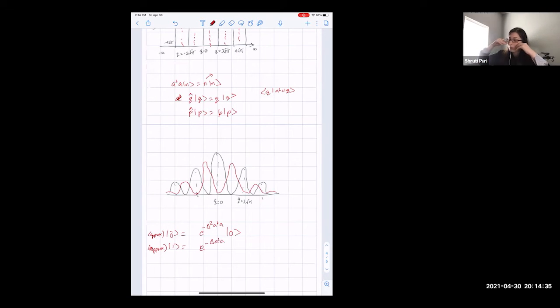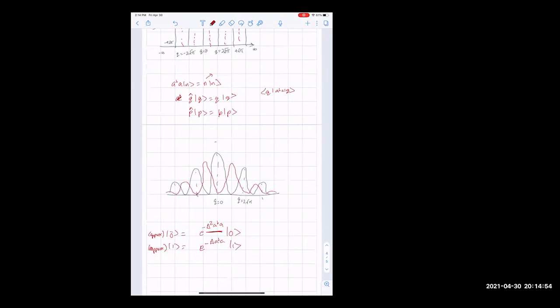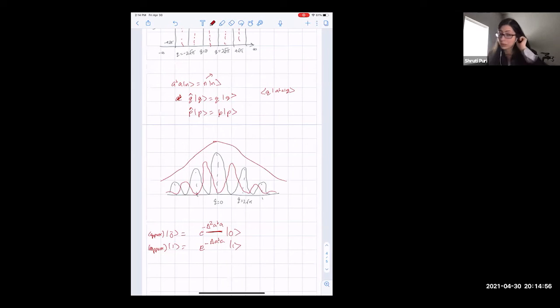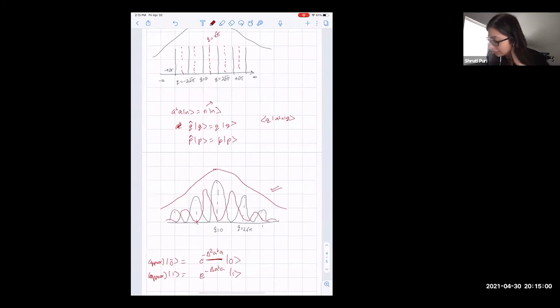You add a penalty to adding more photon numbers. This factor is basically 0 for large photon numbers and 1 for small photon numbers. So you're adding a penalty to having more photons in your state, and that's all you're doing here. This is equivalent to saying that you have a Gaussian envelope here. So in the lab, what we have are these states and not these states.